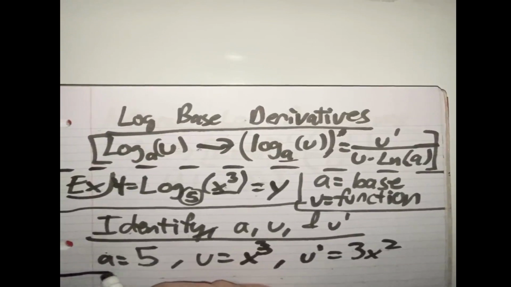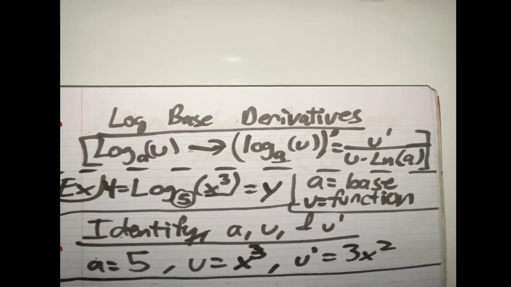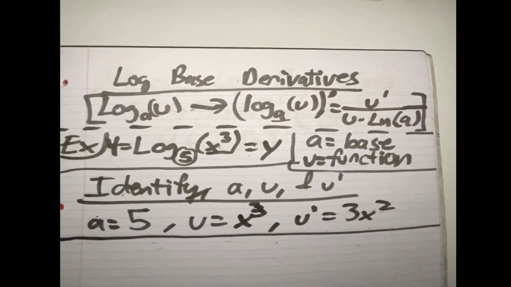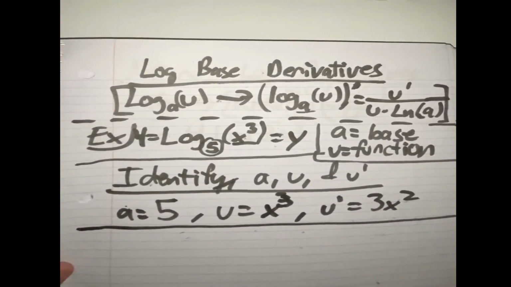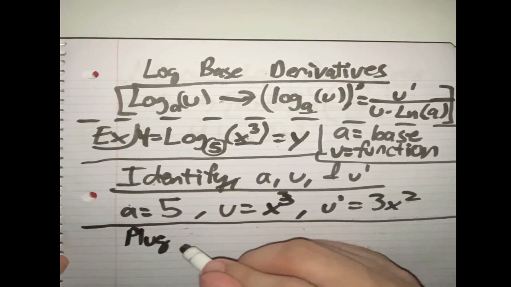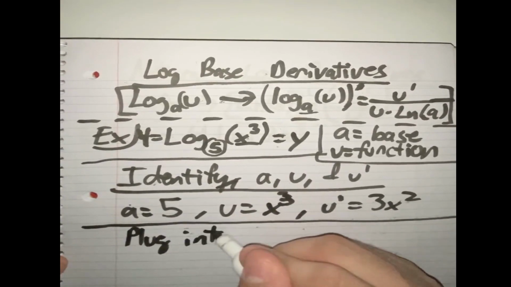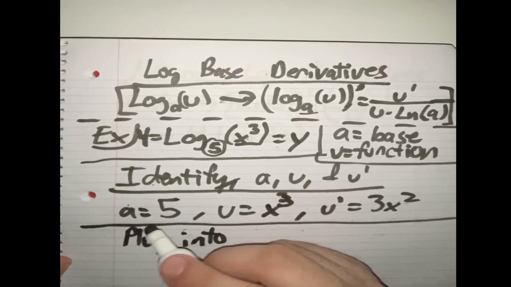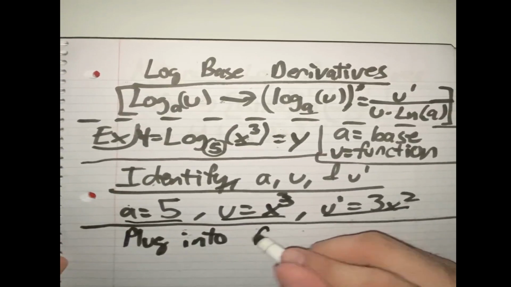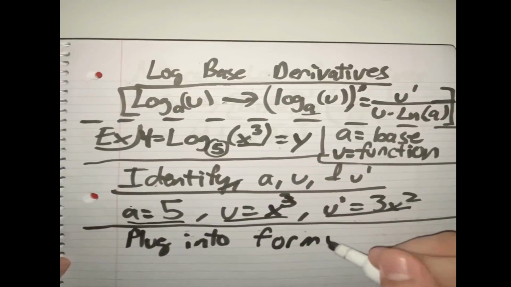Now that we have this, we're going to take this a step further and differentiate. All we have to do to find the derivative is literally just plug the variables that we identified, a, u, and u prime, into the formula.